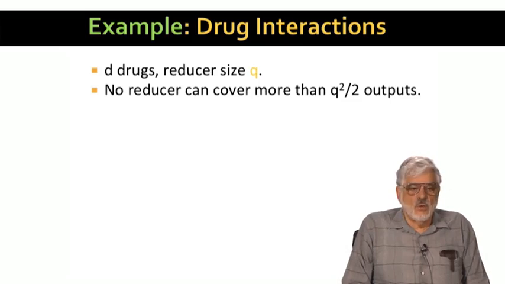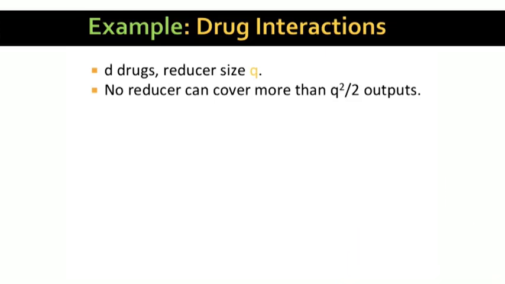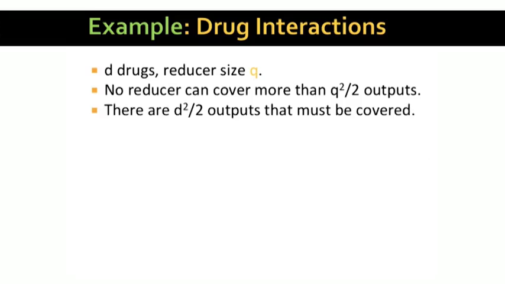Technically, the exact number is q times q minus 1 over 2, but for large q, there is negligible difference. But among all the reducers, there are d choose 2 outputs that must be covered. Again, I'll approximate d choose 2 by squaring and dividing by 2. So there are approximately d squared over 2 outputs to cover somewhere.